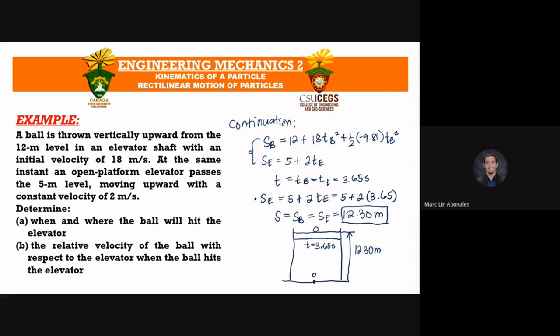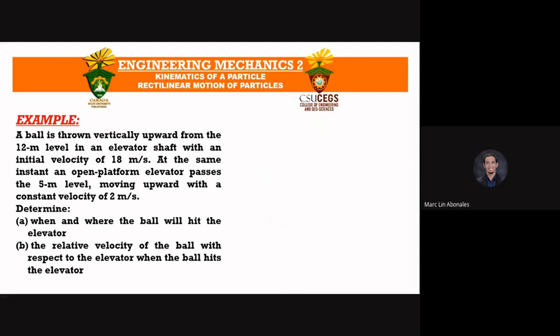So that will be your answer for letter A. For letter B, we will find the relative velocity of the ball with respect to the elevator. So for this one, the equation we will use is the relative motion we discussed in the previous slides.